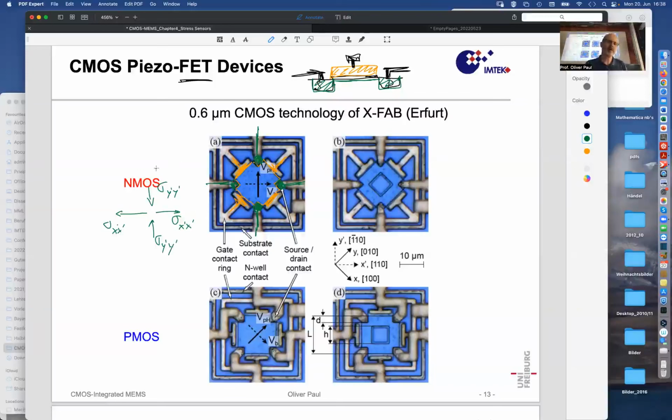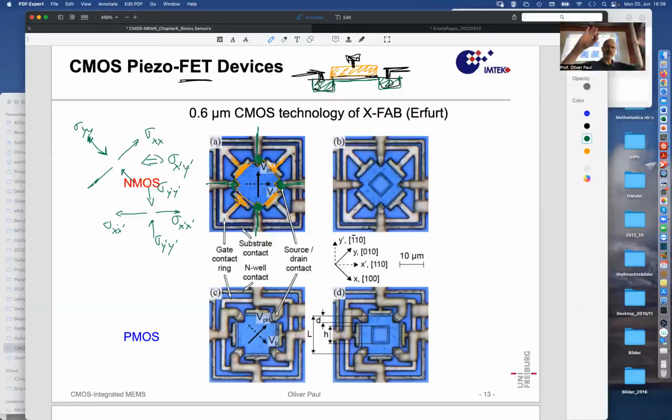But if I did it in this direction, like this, then sure enough, it would. This device here will react to sigma XX or sigma YY, a difference of those two. And that is equivalent to a sigma X prime Y prime.